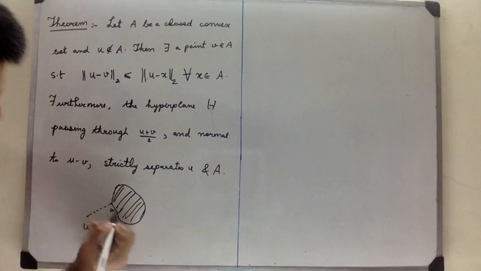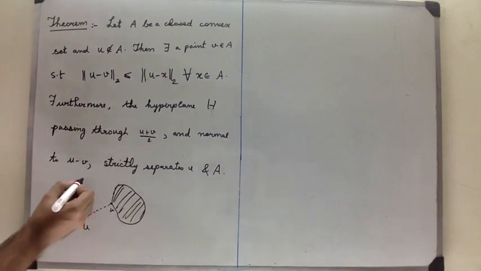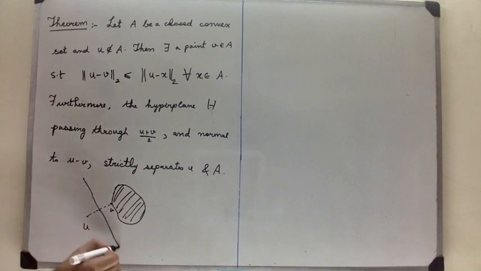So this will be a point, say v, closest to u. Then your hyperplane will be this. It's passing through the midpoint and it's perpendicular to u - v.